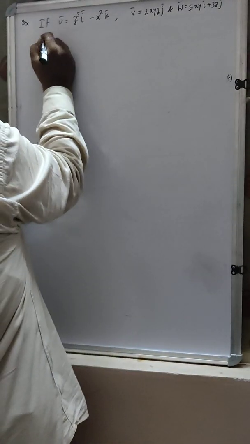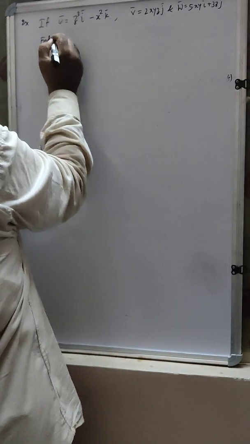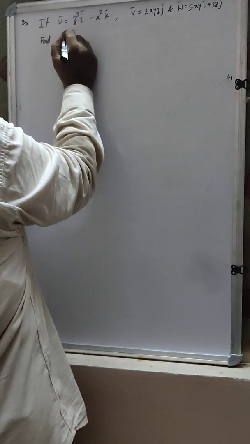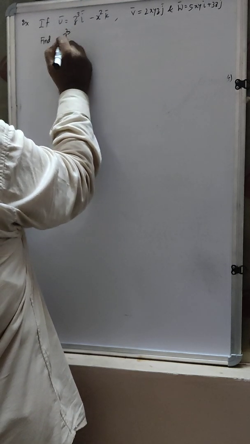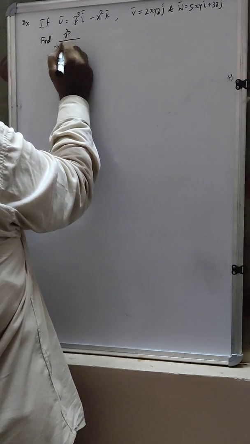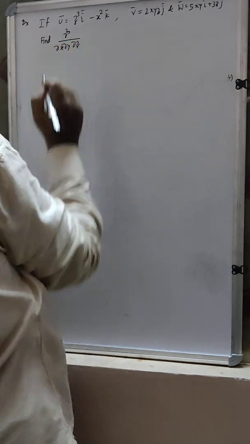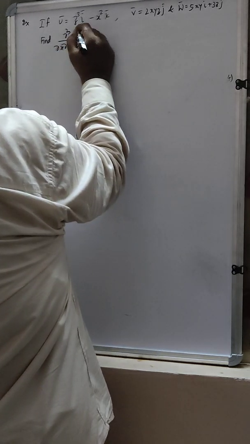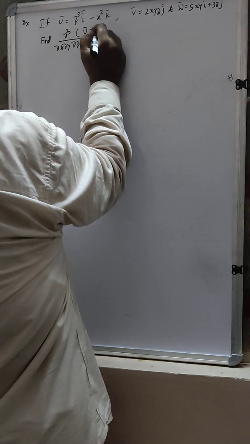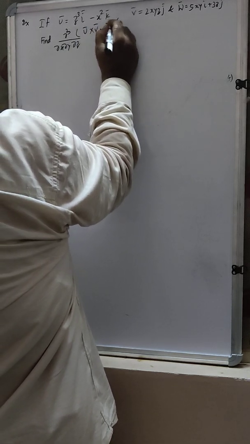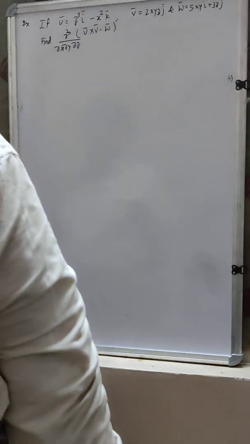Find ∂³/∂x∂y∂z of u vector cross v vector dot w vector. That is the scalar triple product.